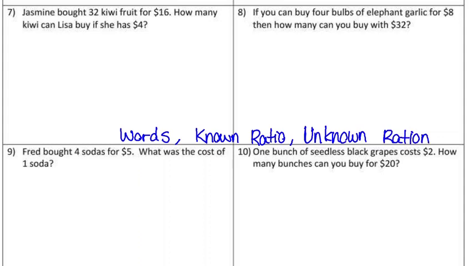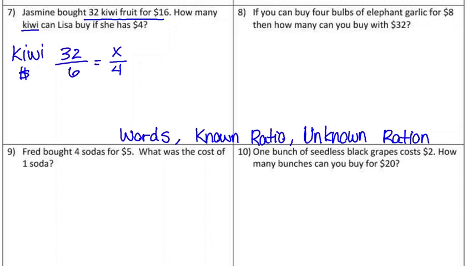So set it up with words. I'll do the first one with you. Kiwi fruit for $16. So we're going kiwi over money. And it's 32 kiwi for $16. And it's asking how many kiwi, I don't know, for $4. So that's how that one is set up.